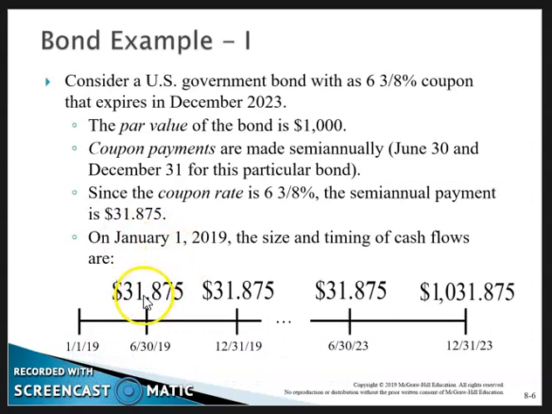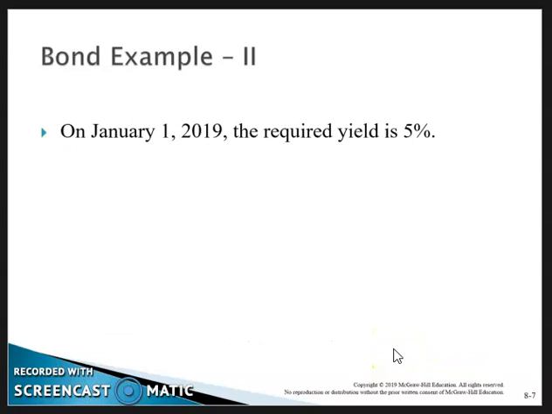We've got $31.875 every 6 months, beginning 6 months from today, and they'll go all the way out to maturity at 12/31/23.